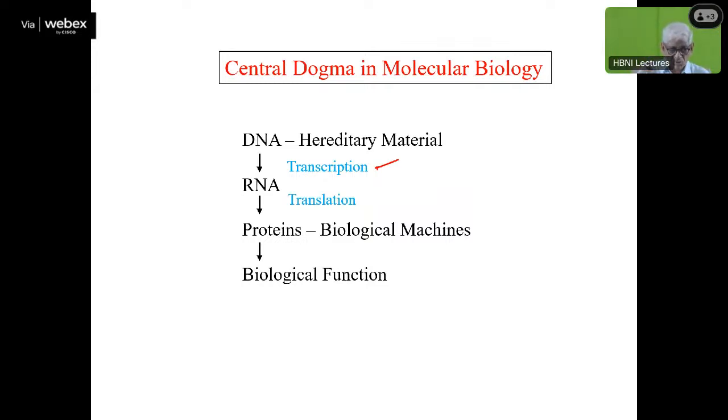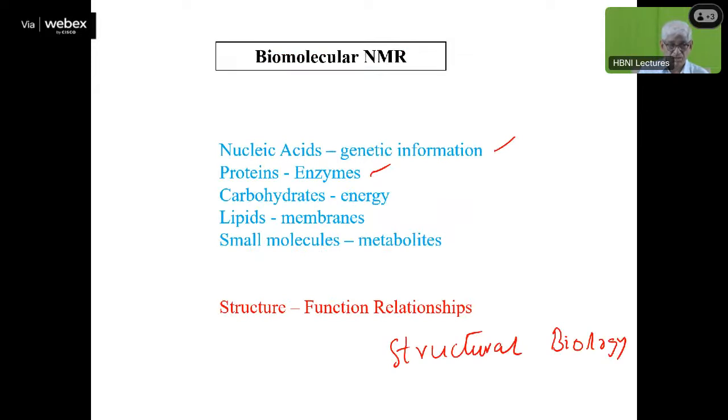So what do we know about these structures? As I said, X-ray crystallography has been in place for many, many years. NMR has come into this picture in the last 50 years. This has taken the field forward to a quite substantial extent. So first we will describe what we know about these individual molecules in terms of the structures from X-ray crystallography.